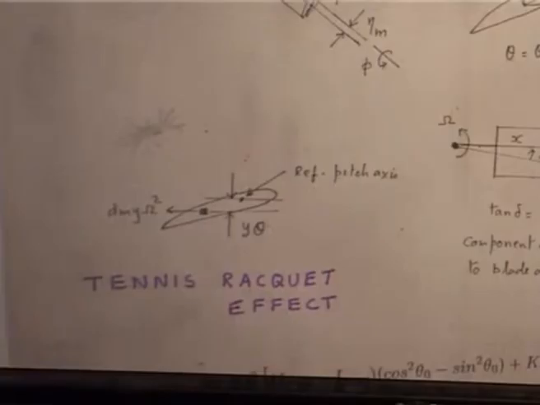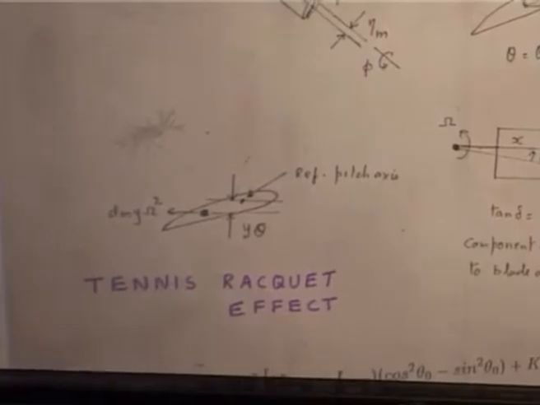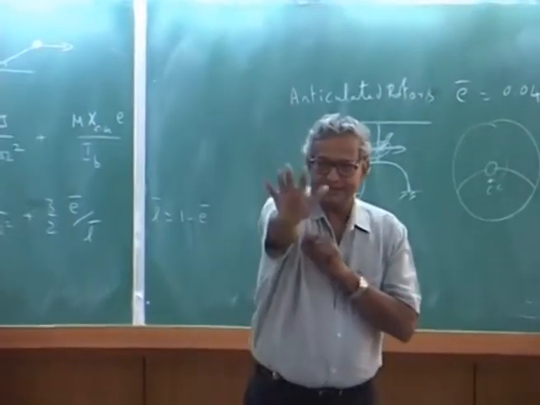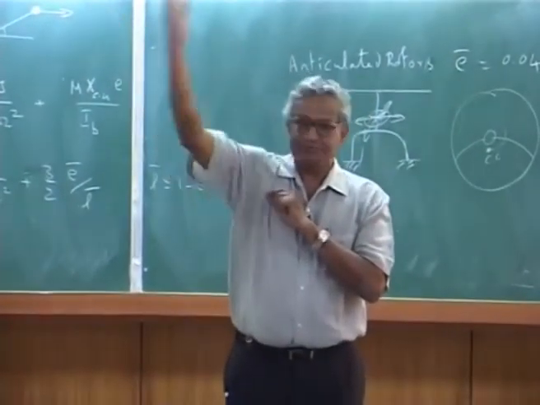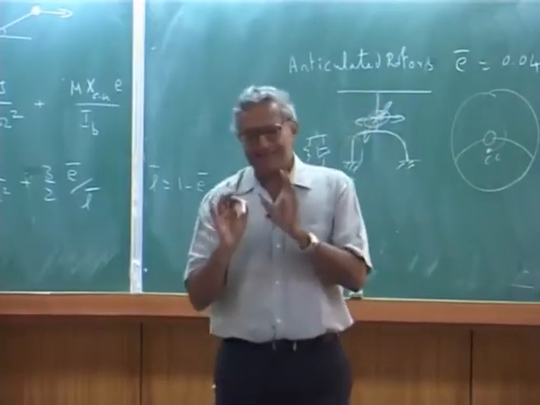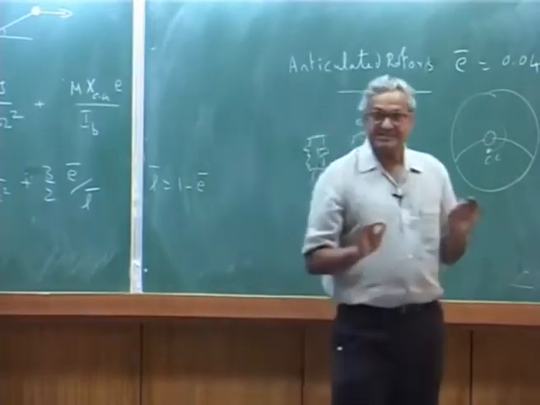And when he hits the ball, you will not know which location he is hitting. In the sense, when he is swinging, it may turn a little bit, but where it hits, you do not know. Initially, you may think it is coming, it may come a little away. So, this is a terminology they use as the tennis racket effect, okay.